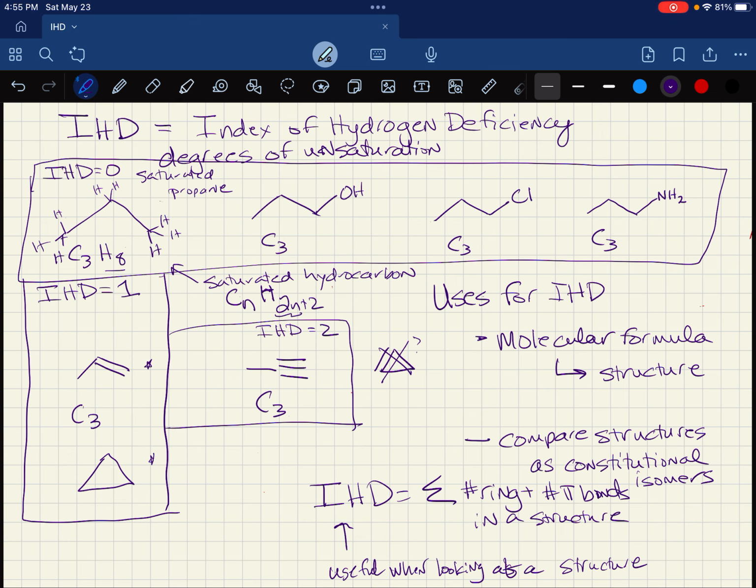Now, if we look at the next molecule over, it's an alcohol. It is, in fact, a primary alcohol since the alpha carbon here only has one carbon atom attached to it.